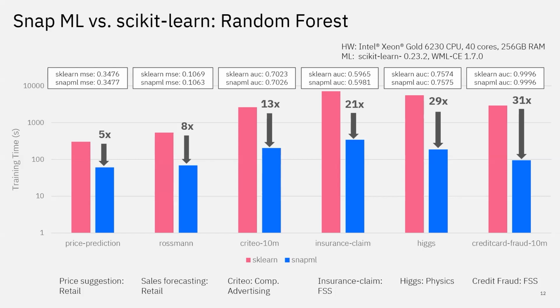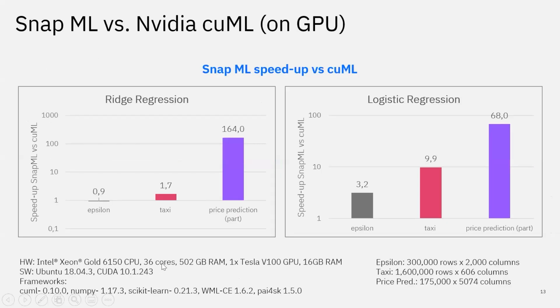We have a minimum speedup of 5x up to a maximum speedup of 31x. And again, for the classification problems, we see that the AUC is higher. And for the regression problems, the MSE is almost exactly the same, and here it's slightly better using SnapML. Okay, next chart, please.